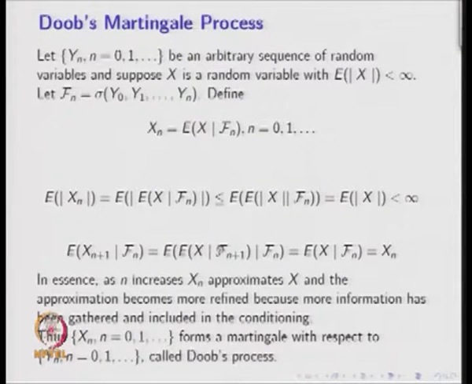Expectation of X given Fn plus 1, given Fn. We know that Fn is contained in Fn plus 1, and using the property this becomes expectation of X given Fn, that is same as X suffix n.